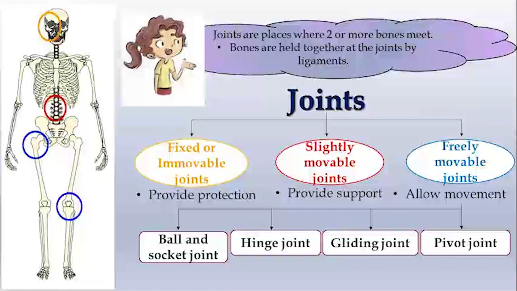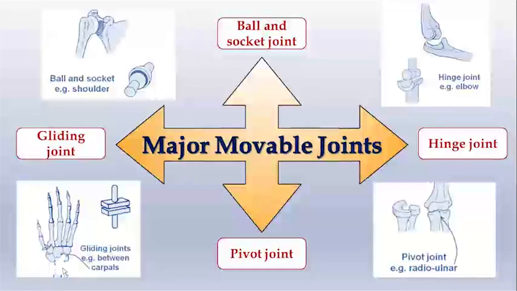There are 4 major freely movable joints in our body. Looking at slide 6, you will understand the way the 4 freely movable joints work, which are the ball and socket joint, hinge joint, pivot joint, and gliding joint.